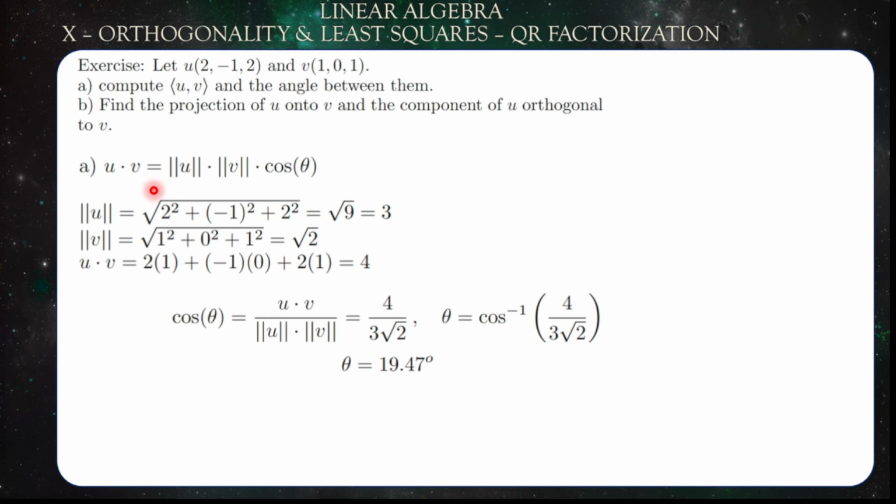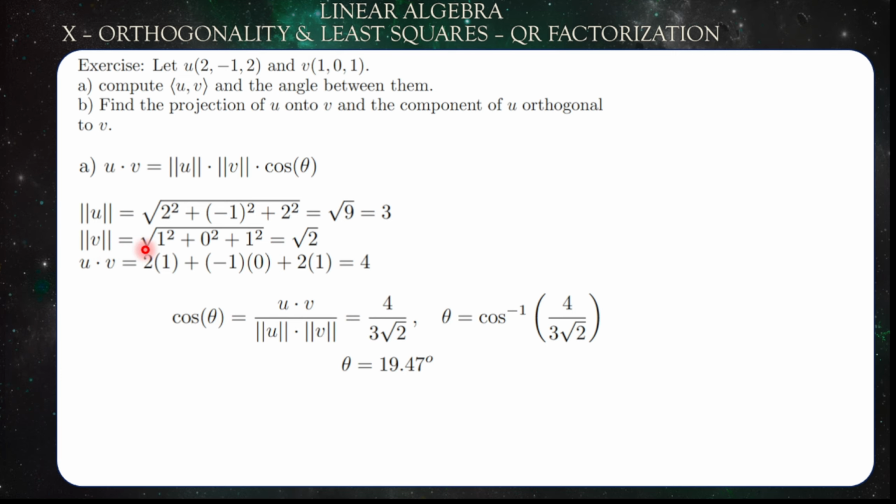U dot v is given by the formula: the modulo of u, or the size of u, multiplied by the size of v, multiplied by cosine theta, which here is the unknown. This is what we're looking for. Modulo of u is equal to the square root of x squared plus y squared plus z squared, or square root of 2 squared plus minus 1 squared plus 2 squared, equals square root of 9, because you have 4 plus 1 is 5 plus 4 is 9, equal to 3.